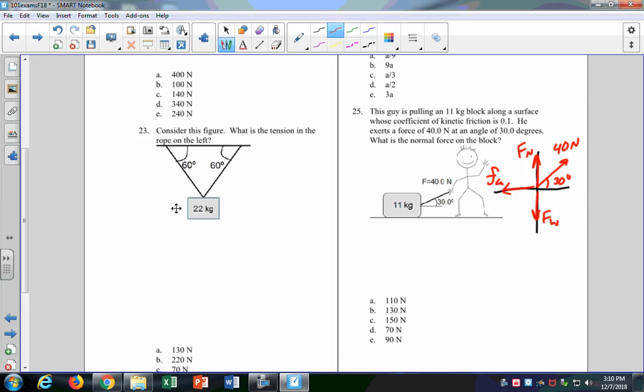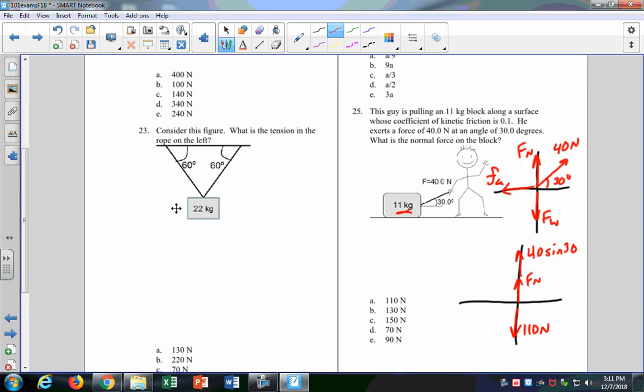And the steps are to resolve this vector into its x and y components, right? 40 cosine 30 down here, 40 sine 30 right here. And then you would apply Newton's second law, where the sum of the forces equals ma. We could step through that here, where my forces would be Fn, 40 sine of 30, and then down here Fw, but Fw is 110 newtons.